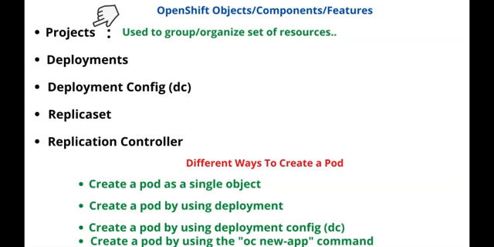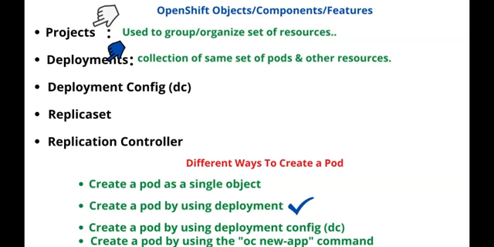I am sure by now different ideas will be running in our minds, like how and when should I know which way is better in creating the pod? Okay, let's break this down. I am going to start with what a deployment is. A deployment is a layer over a pod.